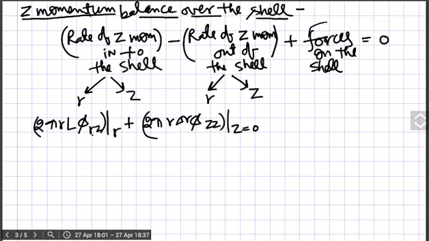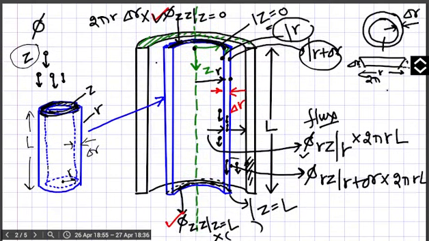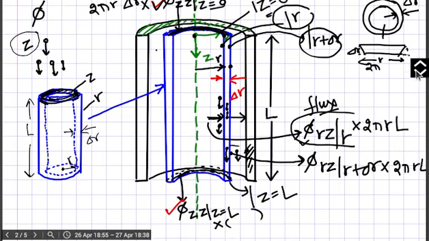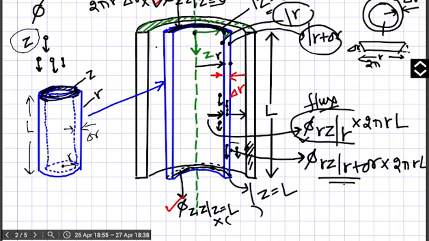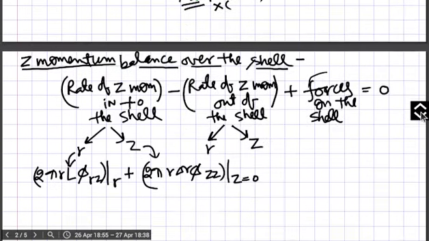Here you can see that I have written the momentum that is going into the cell through R surface and through the Z surface is this, and here you can see in the figure it is actually this momentum that is entering through this R surface, and this momentum that is entering through this surface into the cell. And now what momentum is going out? This momentum is going out through the R surface, and this momentum is going out through the Z surface. So we will write it there also.